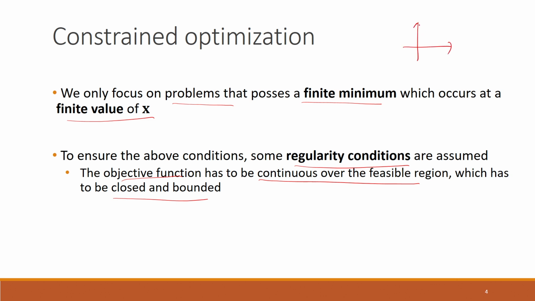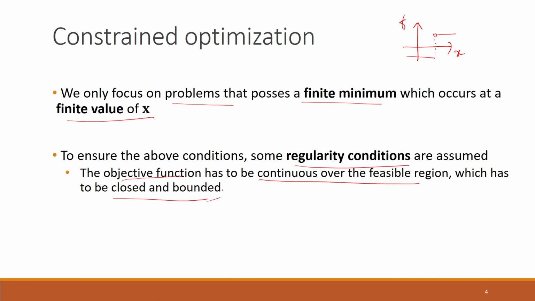Suppose you have a function here and this is the x direction. Suppose you have a function like this here. Here there is a discontinuity at this point. So, this is an example of a discontinuous function. We will only be focusing on those optimization problems where the objective function is continuous over the feasible region and the feasible region has to be closed and bounded.